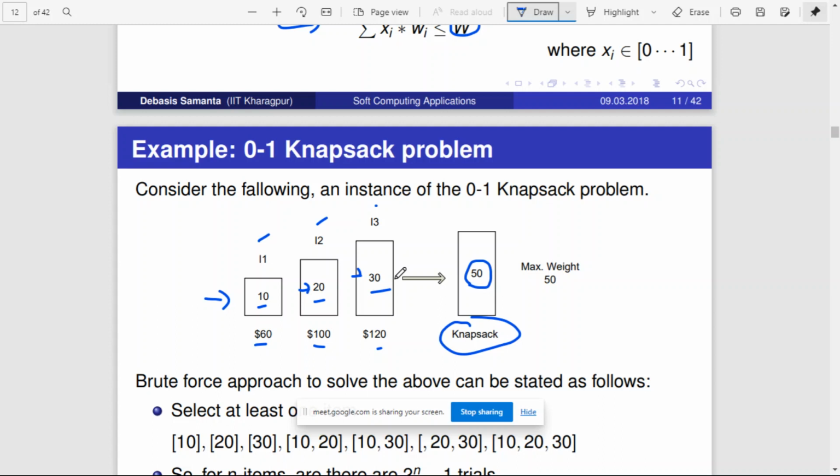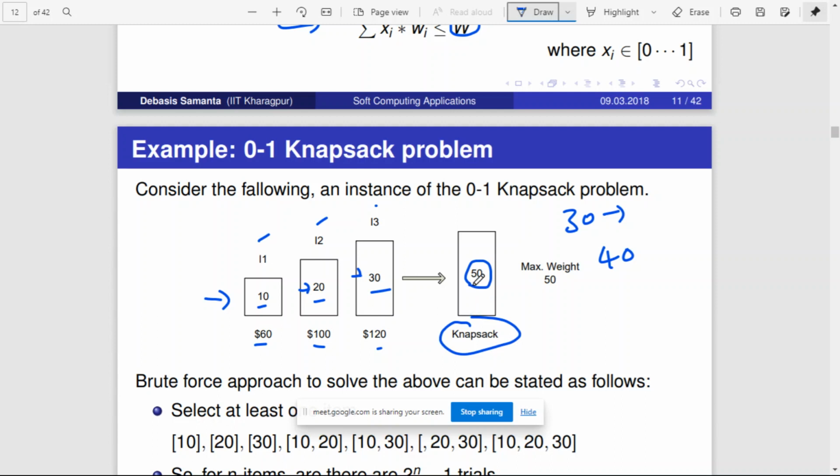No, 10, 20, 30 means its weight will become what? No, only one time. He can visit only one time. 10, 20 means its weight is 30. 10, 30 means its weight is 40, but he can hold 50 kgs, right?